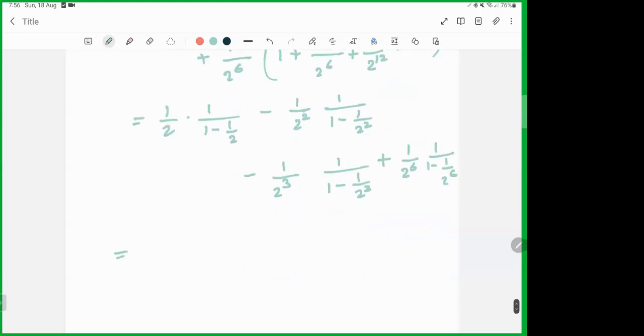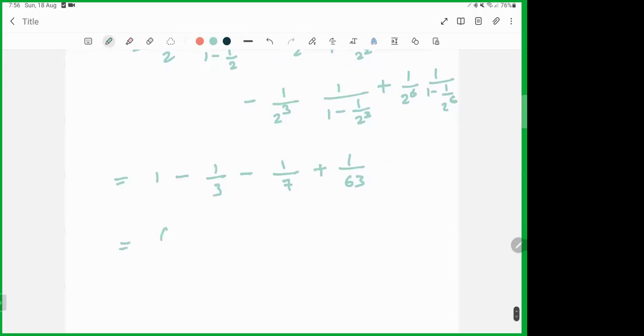The first term, 2 is cancelled with 2, so it is 1. 2 square will be cancelled with 2 square, so this is 1 by 3. 2 cube will be cancelled with 2 cube, so this is 1 by 7. And this will be 1 by 63, right?